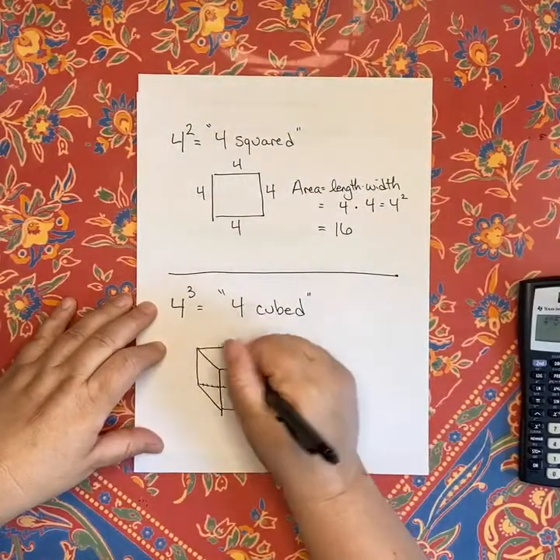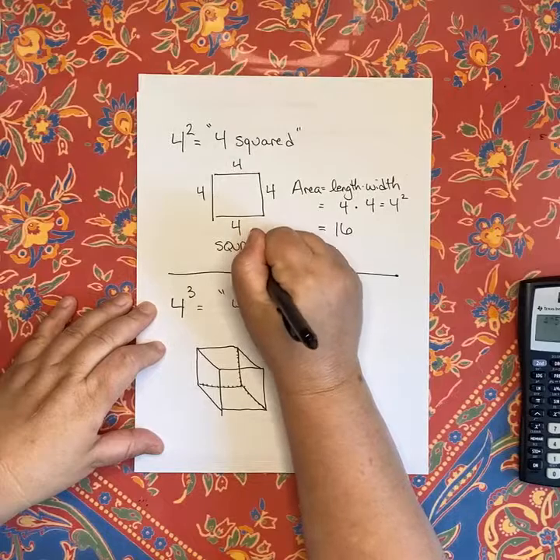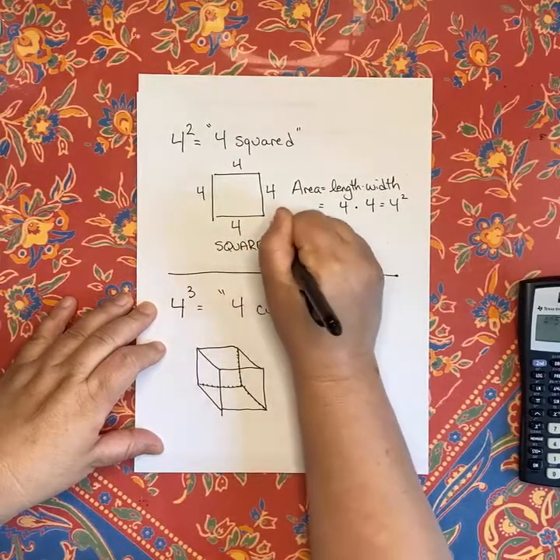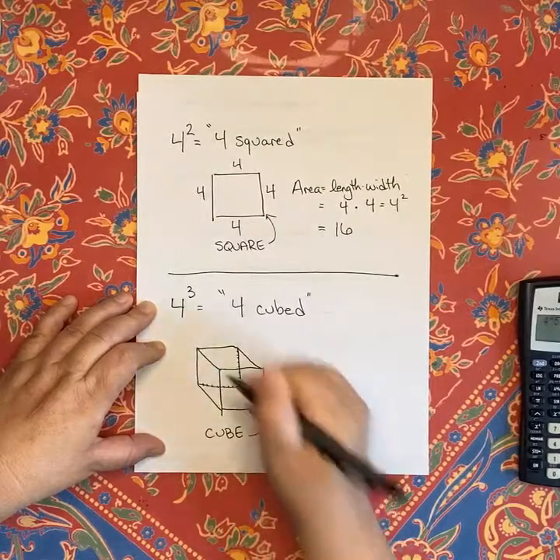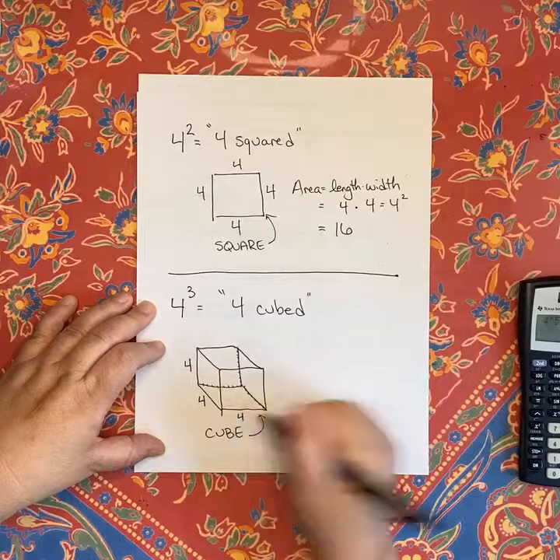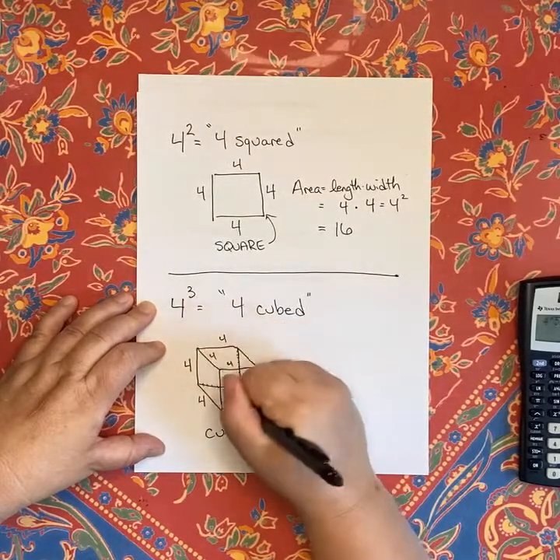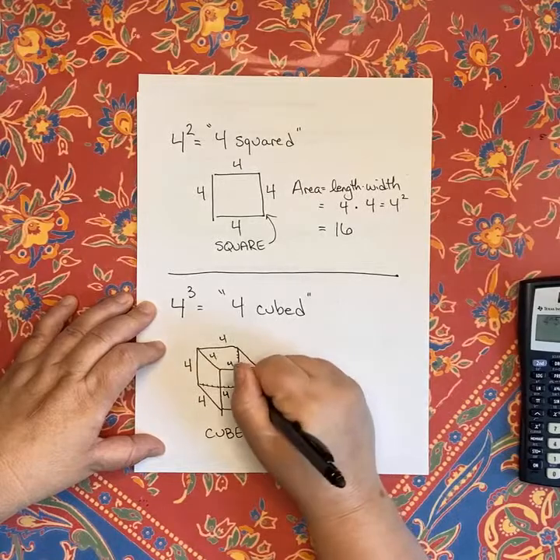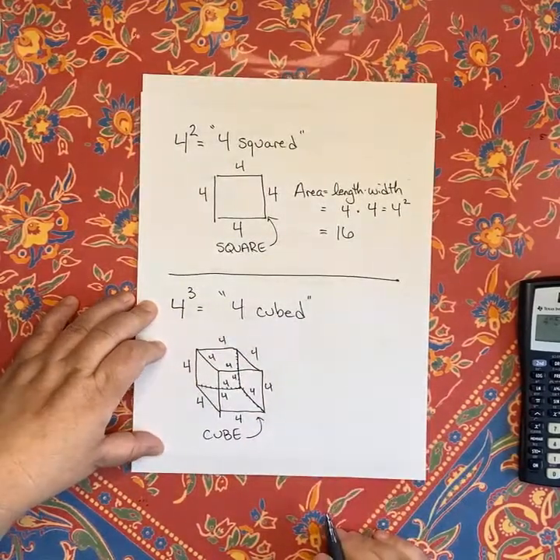But in a third, I didn't write square because it's not obvious. Then I'm going to write cube. This is called a cube. And in a cube, I've got a height and a width and a length. There are 3 dimensions. And of course, if it's a cube, the length of every single side is 4. They're all a bunch of 4s.